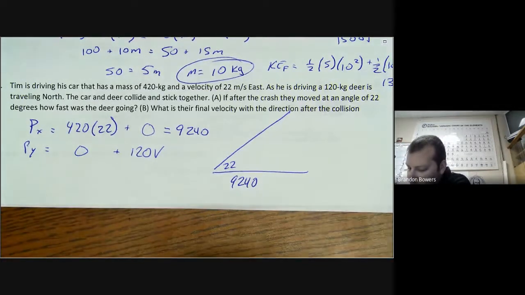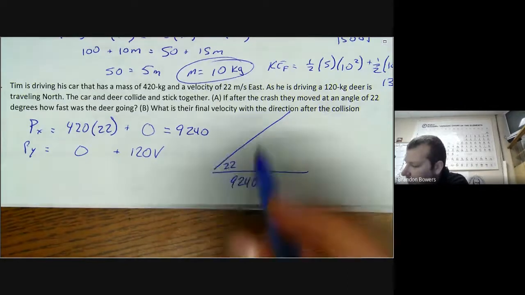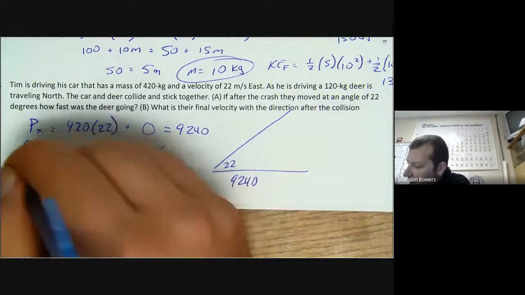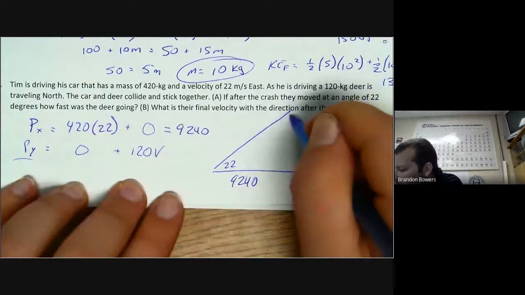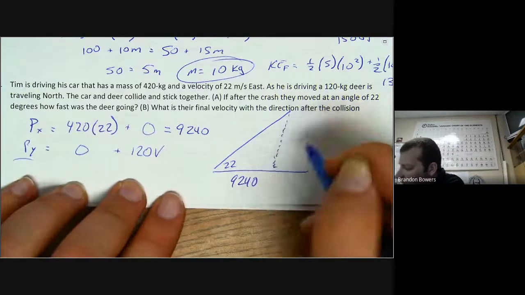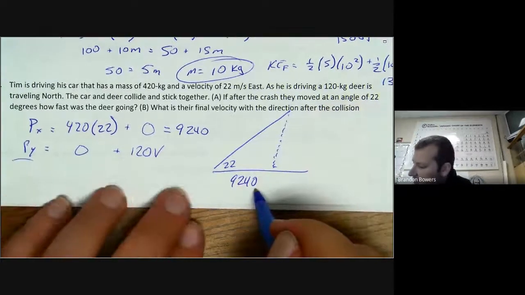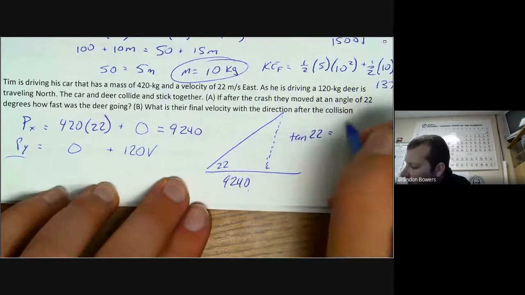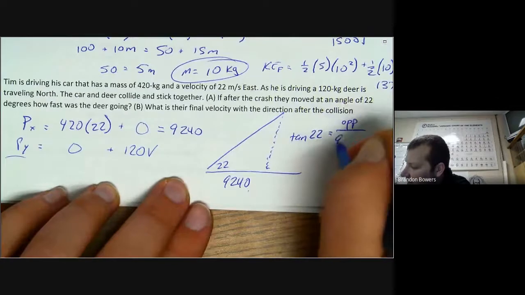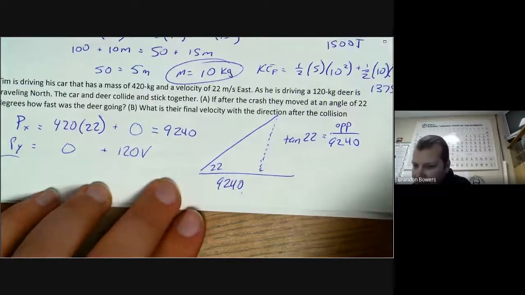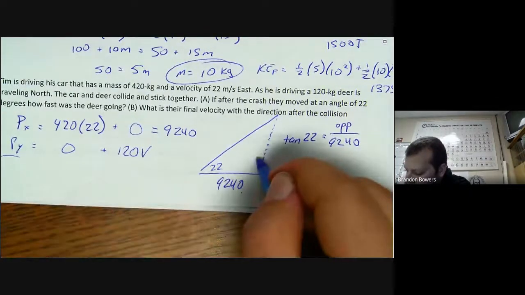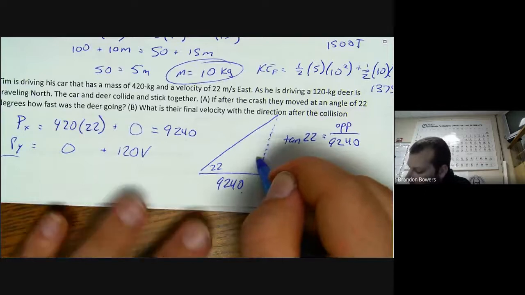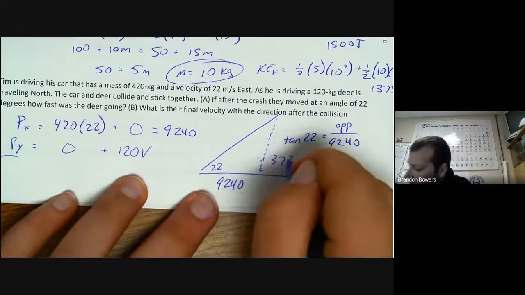So what I got to do is find the momentum in the y direction. To do that, I'm just going to do the tangent. Tangent of 22 is equal to opposite over 9,240. So the opposite in the y direction should be 3,733.